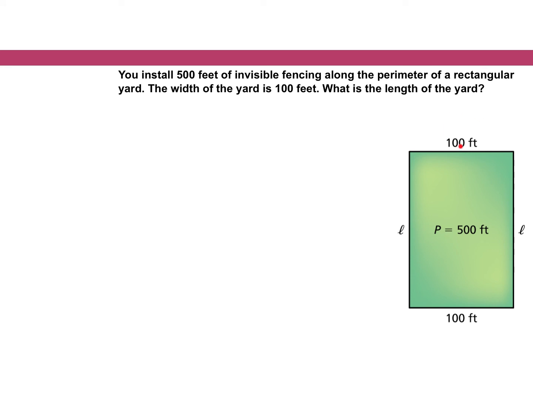Okay, I know that one length, or the width rather, is 100 feet, but I don't know what my two lengths are. But I do have enough information right now that I can start plugging in things that I know. So the perimeter equation, if you recall, is going to be length plus width plus length plus width.